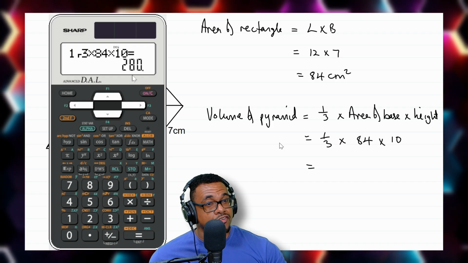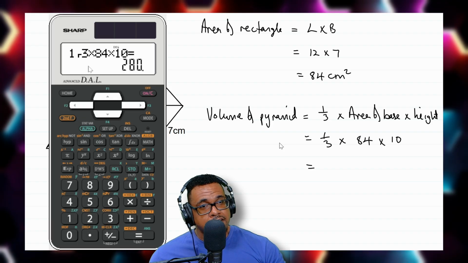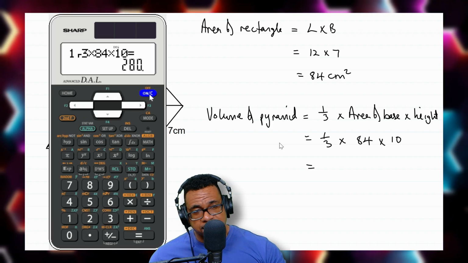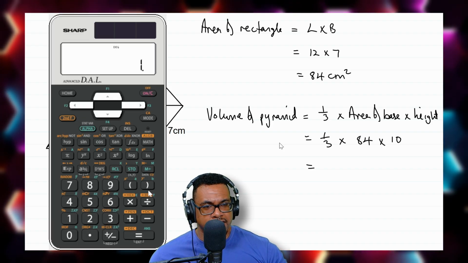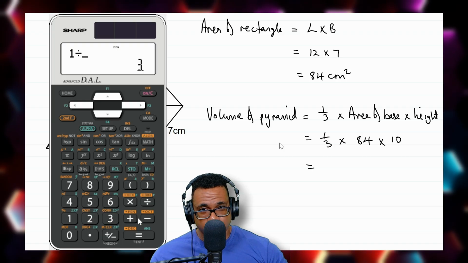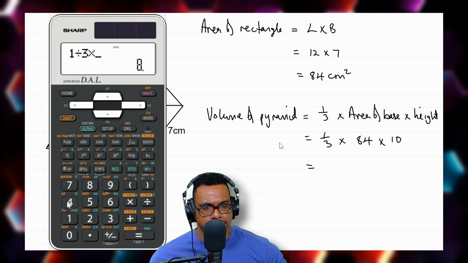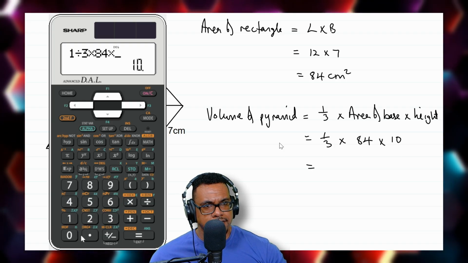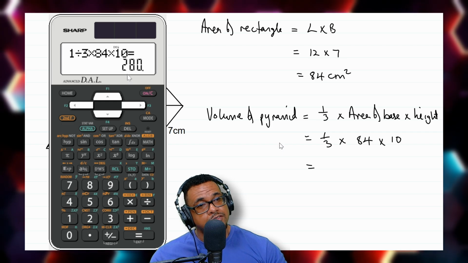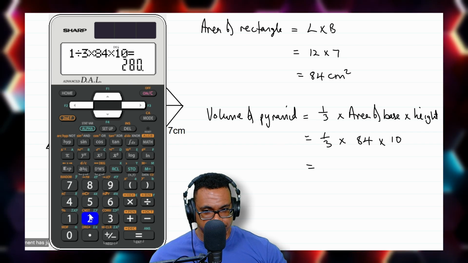And we get 280. Instead of using the fraction button, we could use the divide sign. We could have put 1 divided by 3, and then multiply by 84, multiply by 10. You can see, same answer, 280.